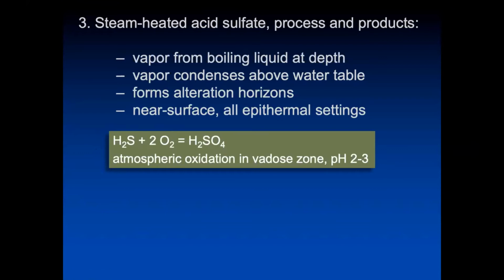This between the surface and the groundwater table is the zone where the condensate forms and the oxygen can oxidize the H2S to sulfuric acid, forming a pH typically about 2 to 3. And therefore, these tend to be alteration horizons because groundwater tables are also horizons. The alteration forms above the groundwater table.